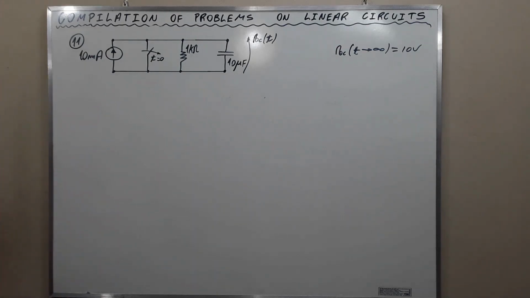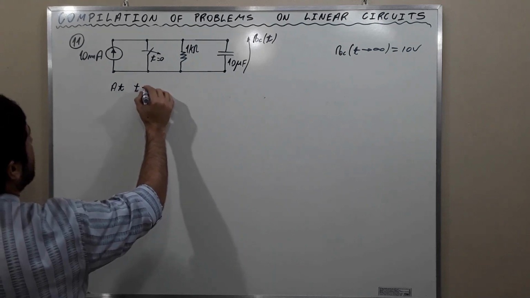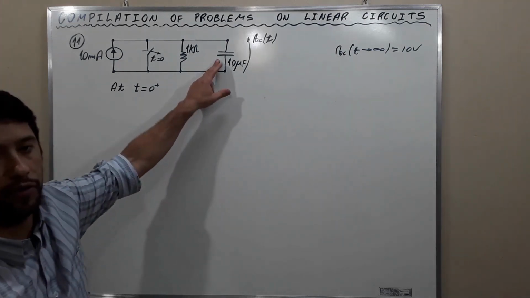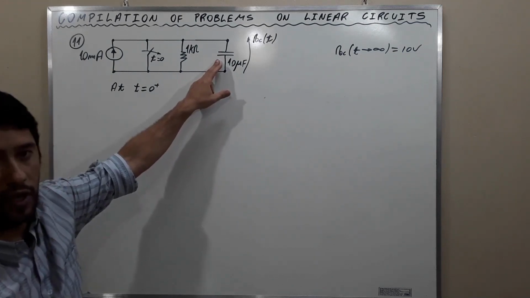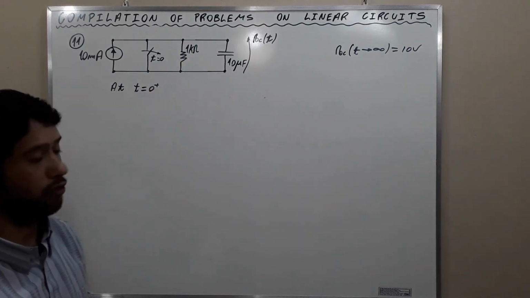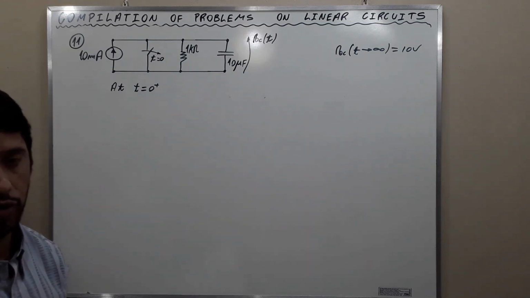Immediately after the switch opens at t equal to 0 plus, the capacitor behaves as a short circuit. Okay? You see that if the capacitor is completely discharged, then it is easy to put charge on the capacitor. It is difficult to put charge on the capacitor if the capacitor is already very much charged.